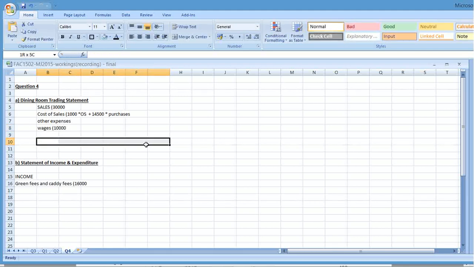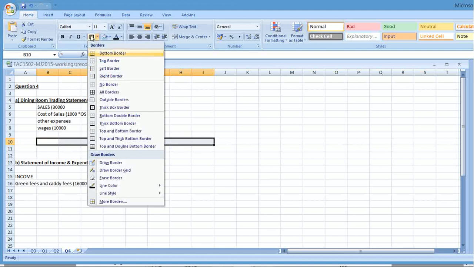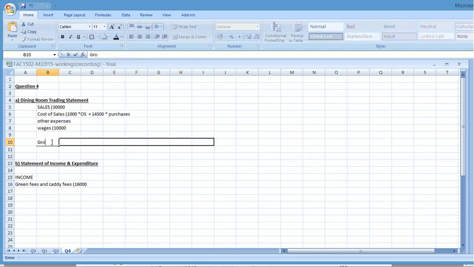And then we'll obviously have a gross profit here from the dining room. And the gross profit from the dining room will be recorded as income. Dining room.